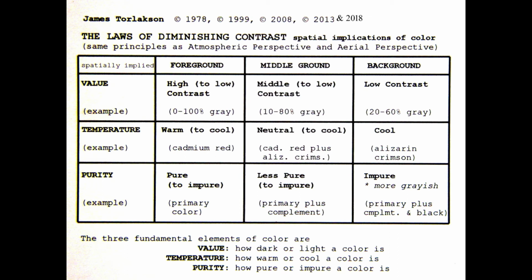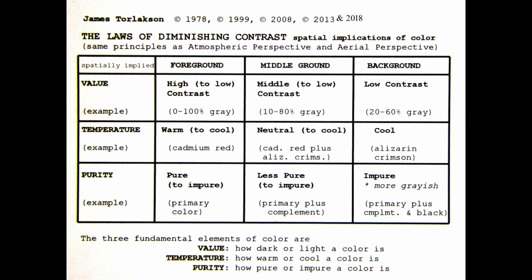If you learn the principles that have been laid out in relation to the color charts and this chart, the laws of diminishing contrast, a la James Torlakson invention, you're going to be a much more powerful painter, and also you're going to be able to understand the world you see with much greater consciousness.